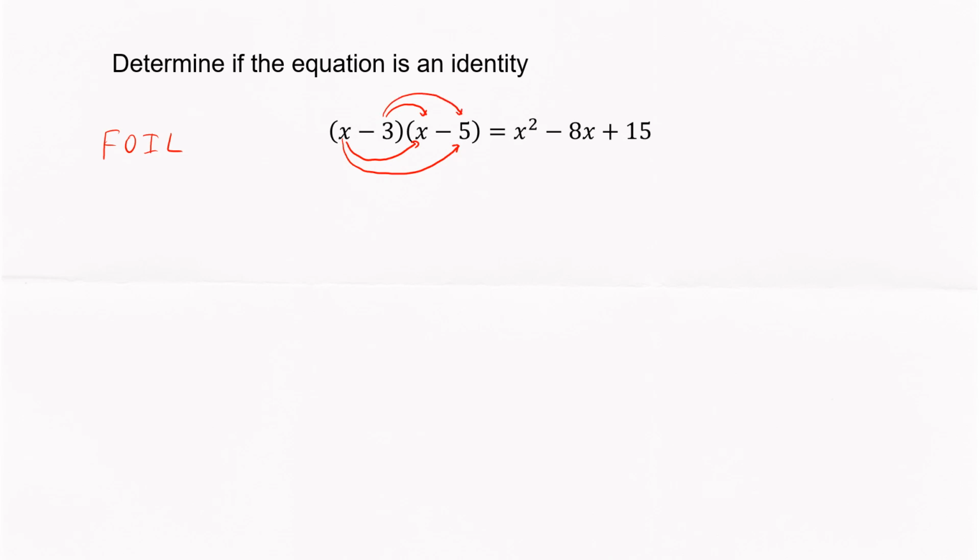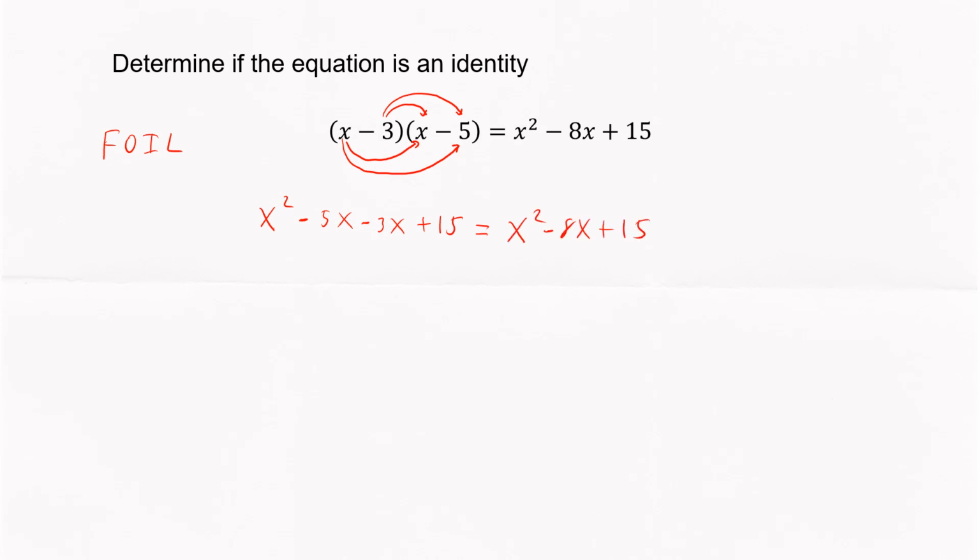So if we do that, what do we get? x times x gives us x squared. x times negative 5 gives us negative 5x. Negative 3 times x gives us negative 3x. And negative 3 times negative 5 gives us a positive 15. Now we can combine like terms. We have negative 5x and negative 3x, which combine to give us negative 8x, so x squared minus 8x plus 15.